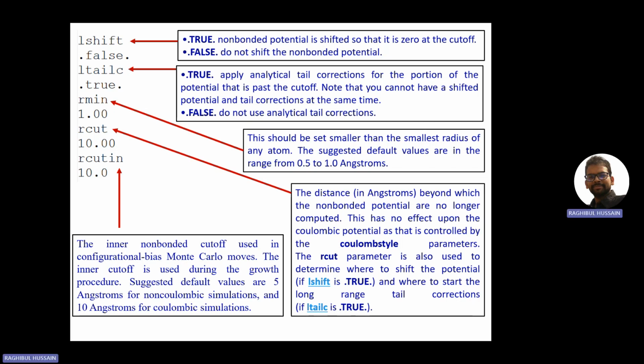So you make all the changes in your input file. Done. R cut in is a variable which is generally kept similar to your R cut, and it is used in the CBMC moves. CBMC we have discussed. This is an algorithm for the development of molecules from the given information.